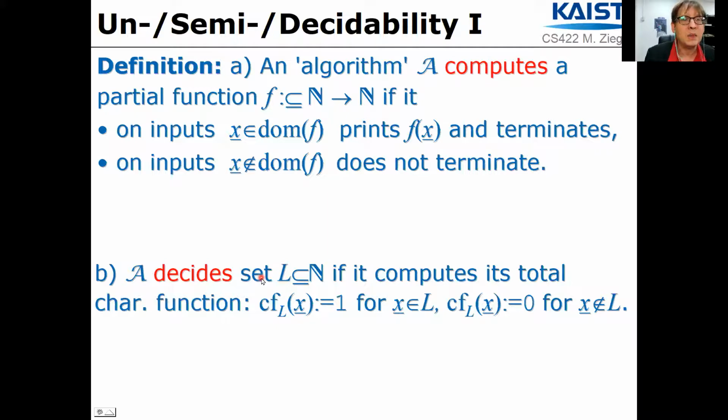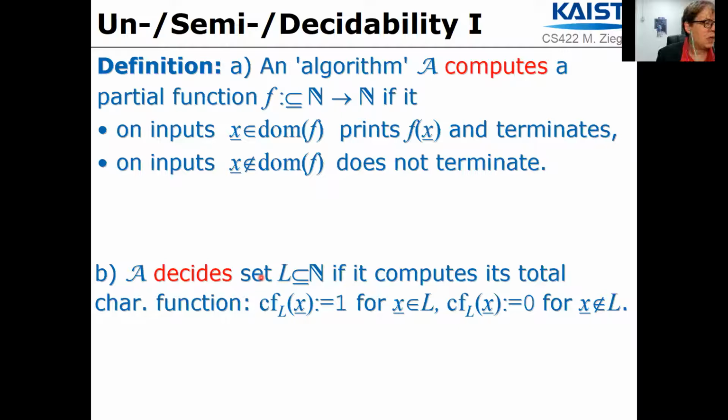Intuitively the difference between computing a function and deciding a subset is that the output of a function computation can be any natural number, whereas the result of a decision can be only yes or no, or for simplicity, since we're only talking about natural numbers, only the natural numbers 0 and 1 are permitted outputs in this case.